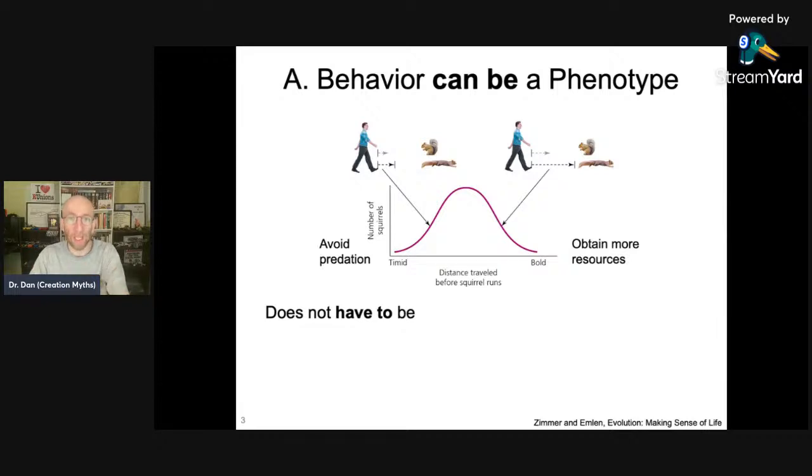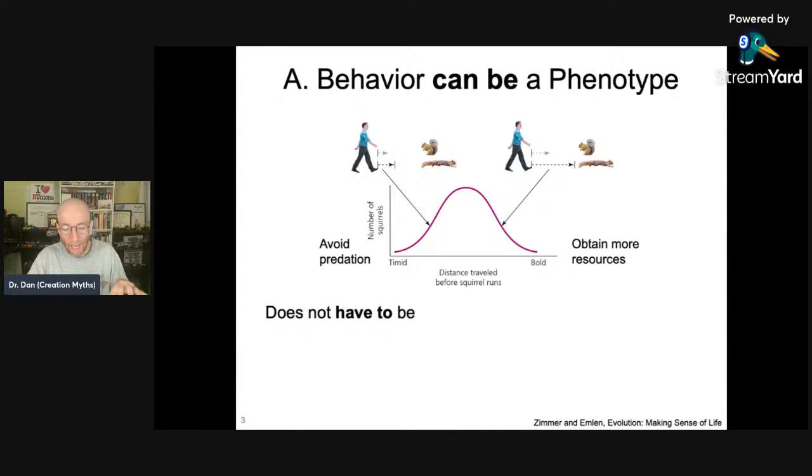There are behaviors that have a genetic basis, but most of the time they don't. So can those non-genetic behaviors evolve? No. You can't evolve something if there's no genetic component to it. Selection can't operate if there's no genetic component to a trait, whether it's a morphological trait or a behavioral phenotype. So just keep that in mind.